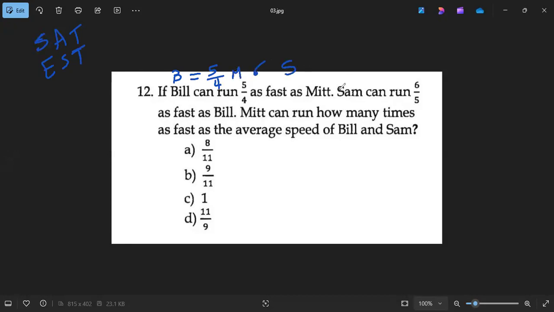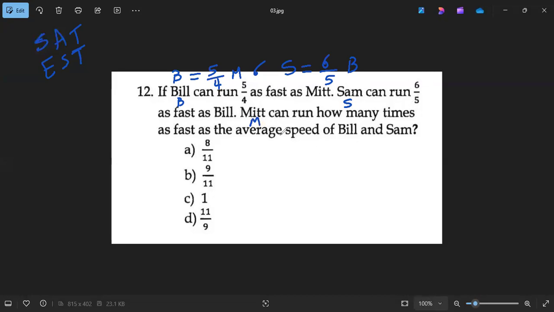Also, Sam can run 6/5 of Bell as fast as Bell. So the relationship is between B and S, B and M. I just make an abbreviation with the first letter of each runner to be clear for you.